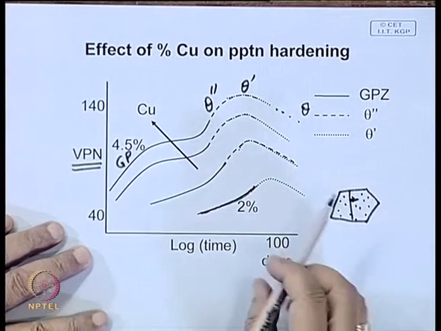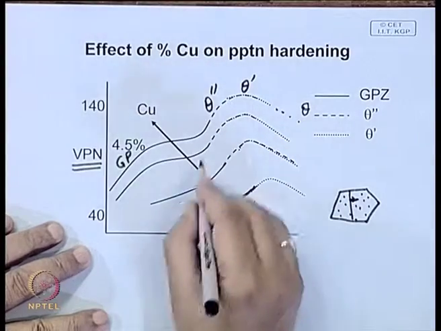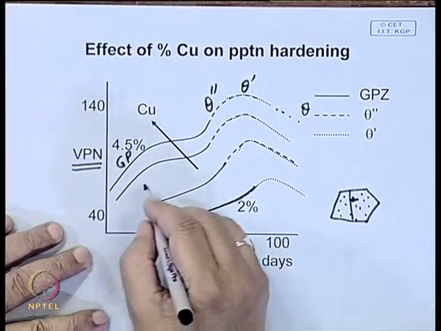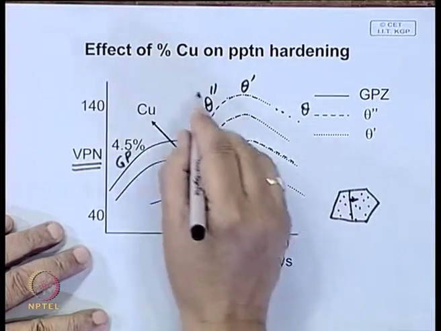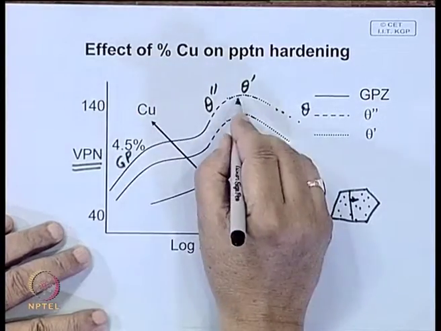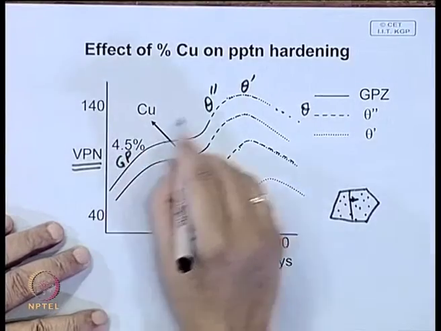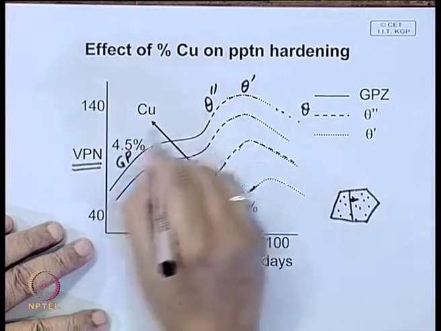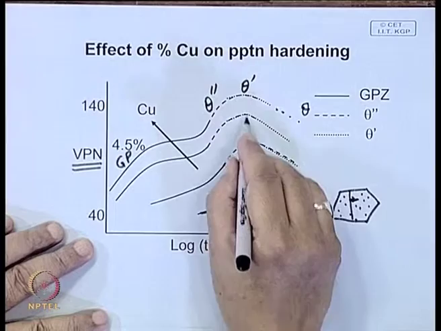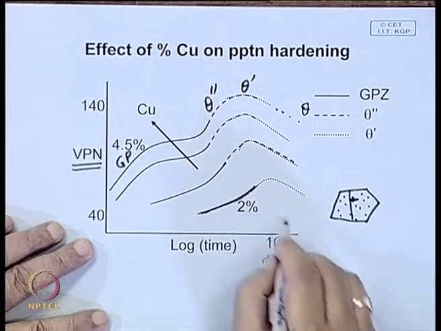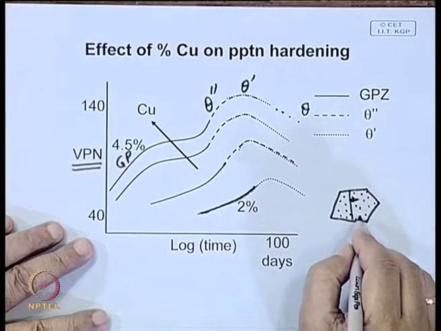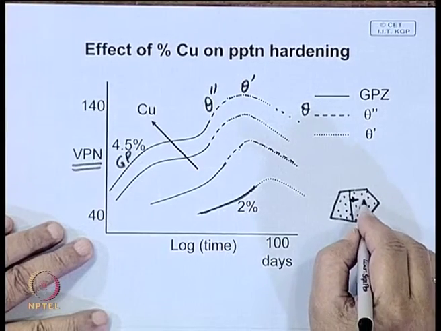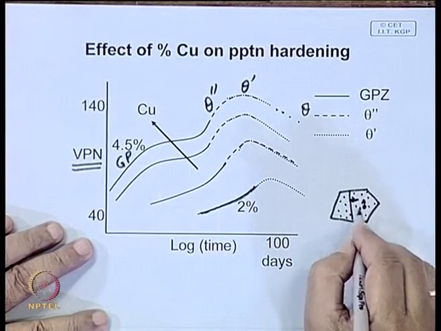And you will find that composition has a significant effect on the extent of hardening. If you increase copper, actually you are increasing the volume fraction of precipitate. So, if the volume fraction is increasing, and you have more particles and the particles are small, the distance between the particles also will be small.